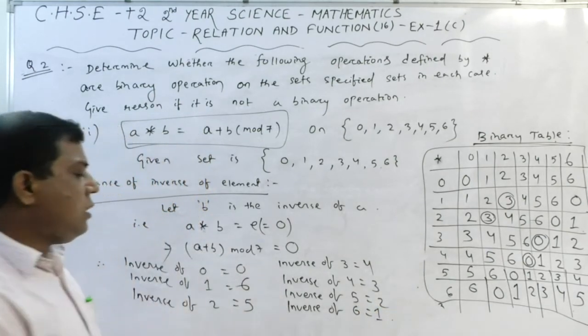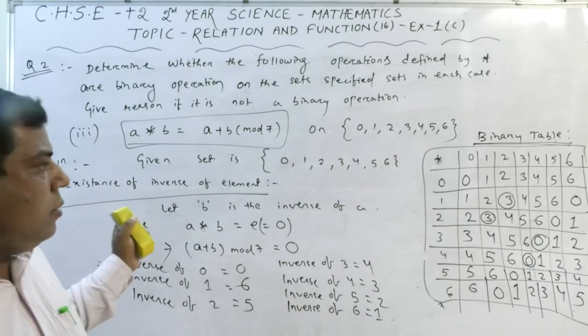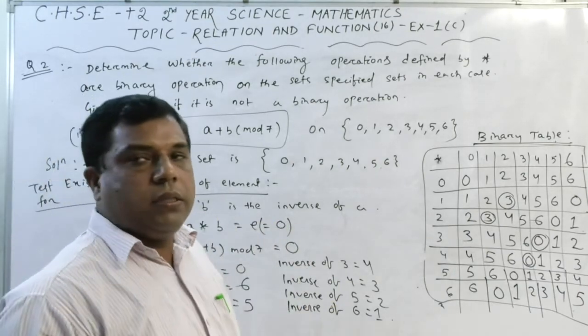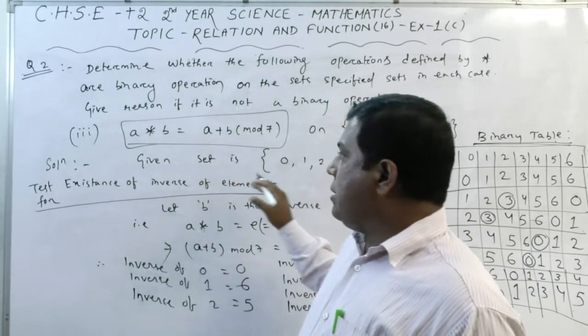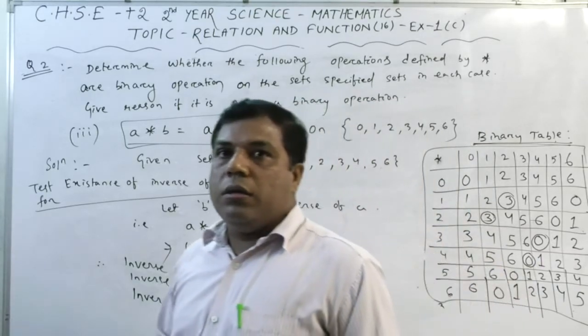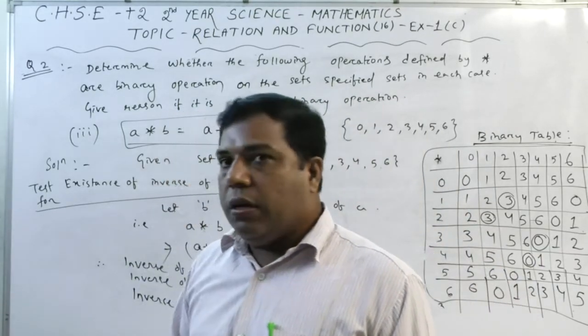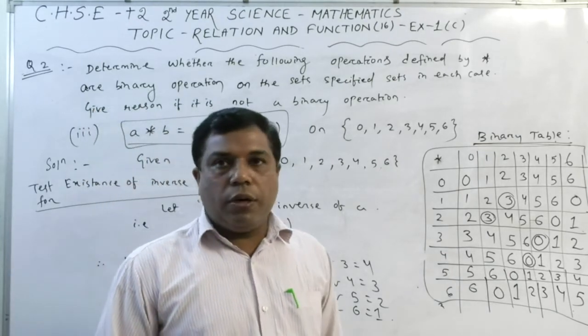Okay. So in this way, we solved the properties related to the binary operation that we have examined here, and we see whether it is a binary operation or not, and if it is a binary operation, whether it is satisfying all the conditions or not. Okay.